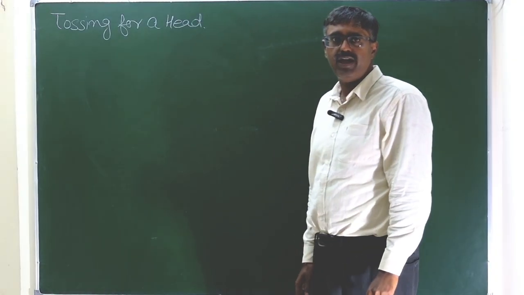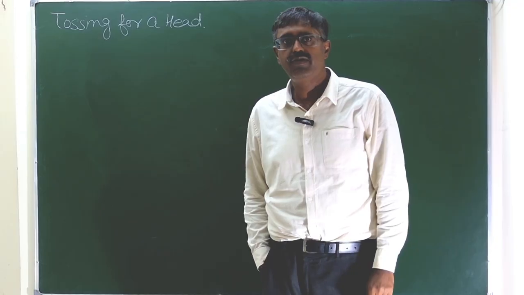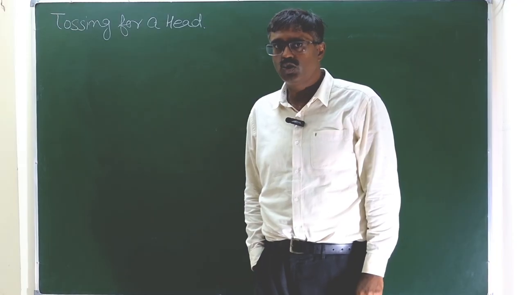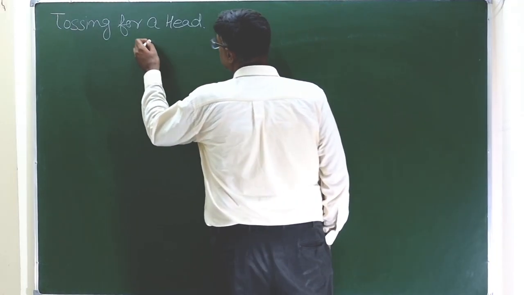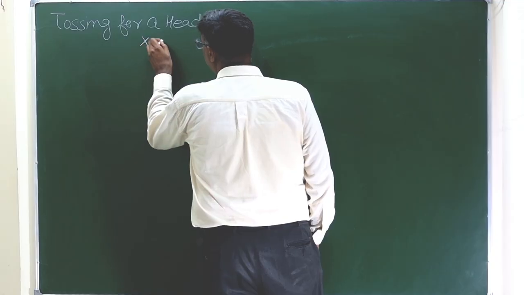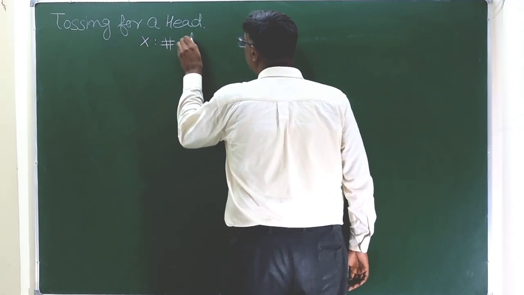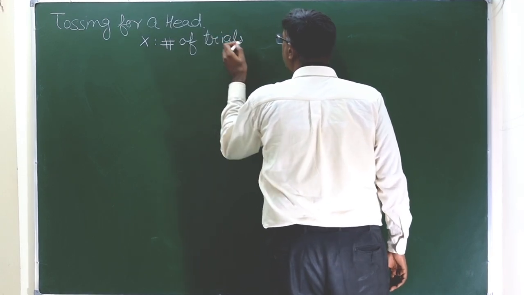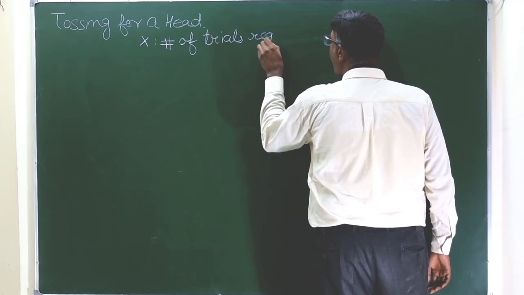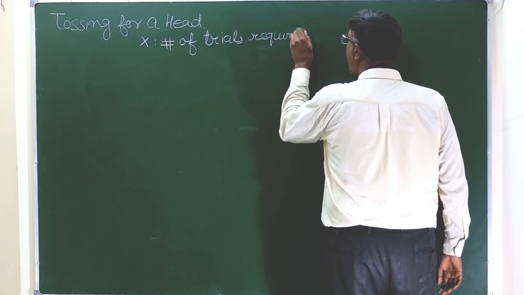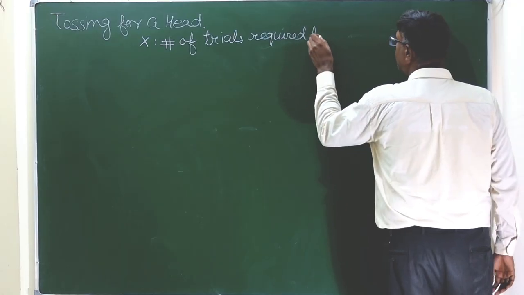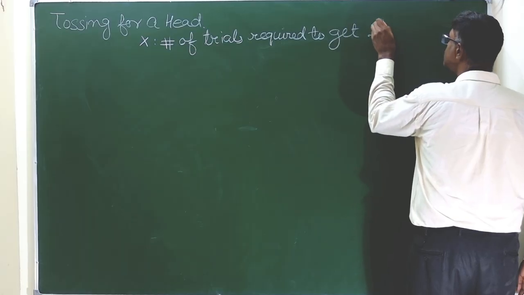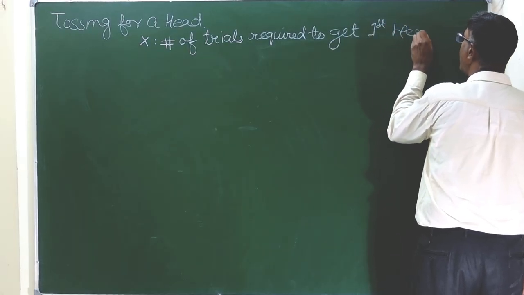So in this problem, we are tossing a coin, and we are waiting to get the first head. So we define here X as the number of trials required to get the first head.